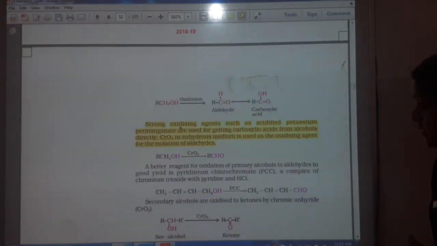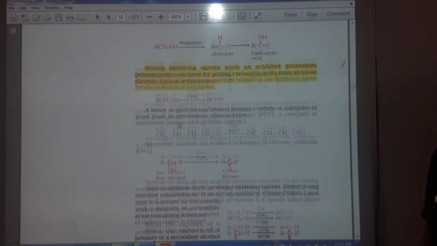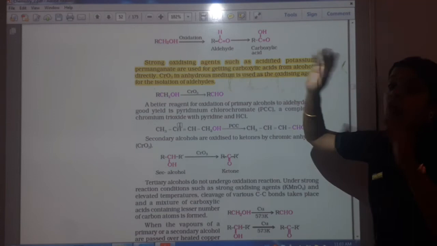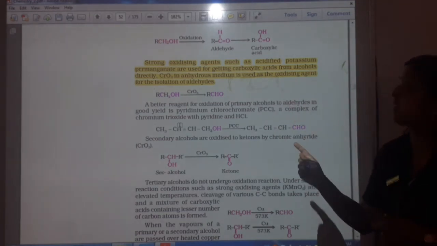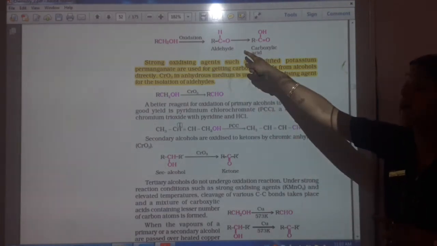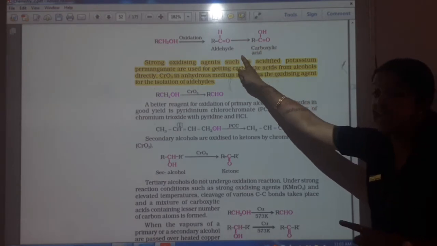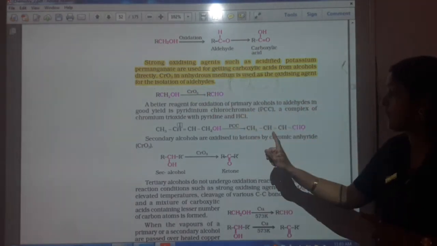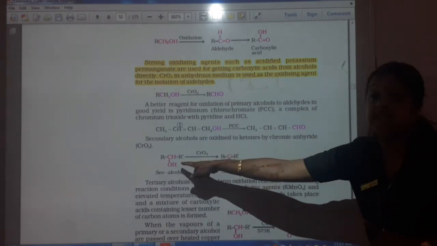See here, most important reactions. Primary alcohol on oxidation gives aldehyde. Always we have studied this in the preparation of alcohol from carbonyl compounds. Aldehydes on reduction give primary alcohols. Ketone on reduction gives secondary alcohol.